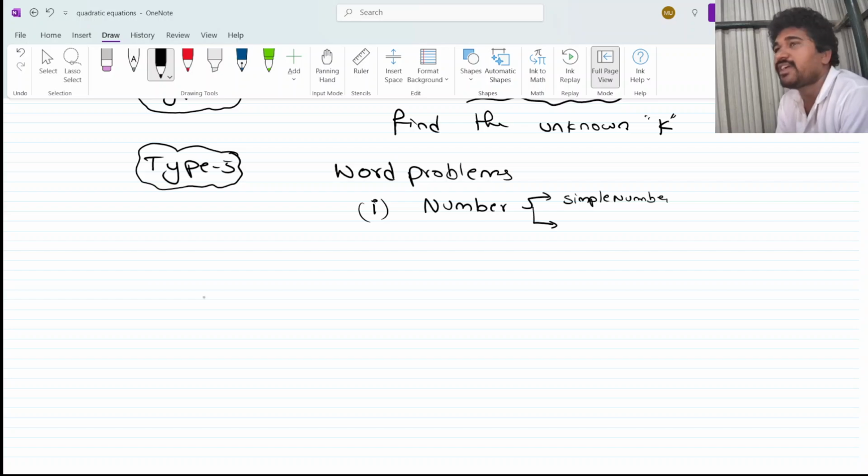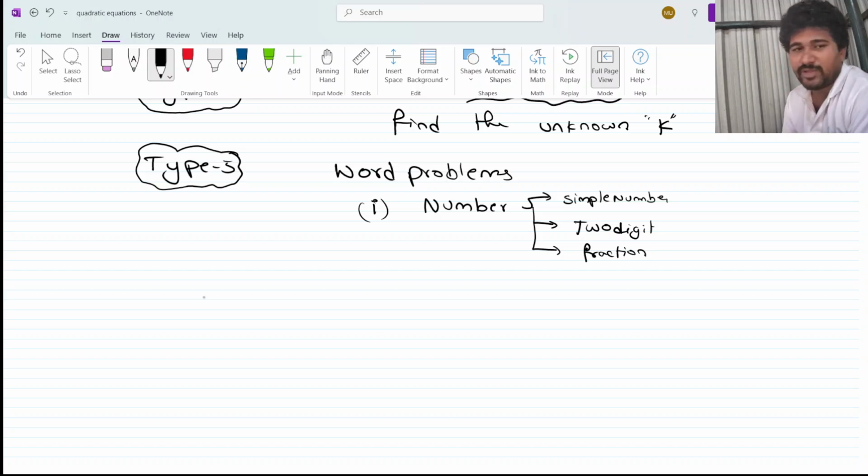After simple number problems, you will be having two-digit number problems, and you will be having fraction problems.